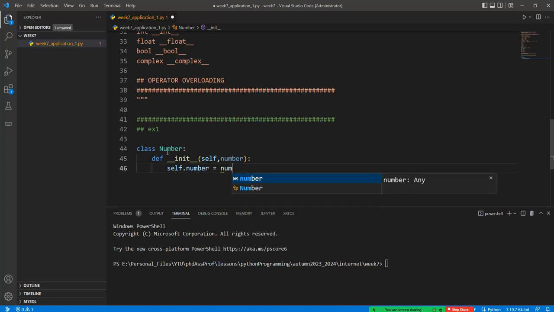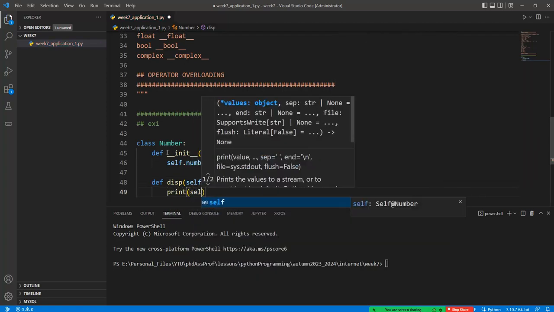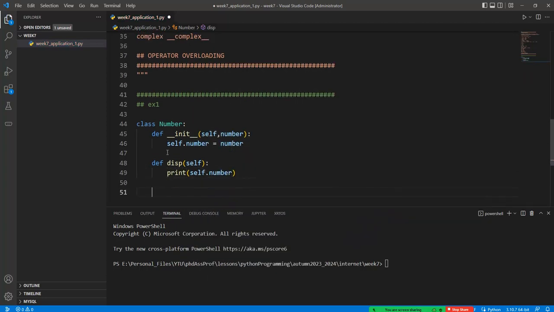Okay. After that, we can define another function in here with the self parameter, the print self and number. Okay. And so what is operator overloading?